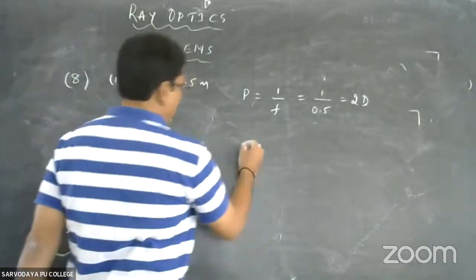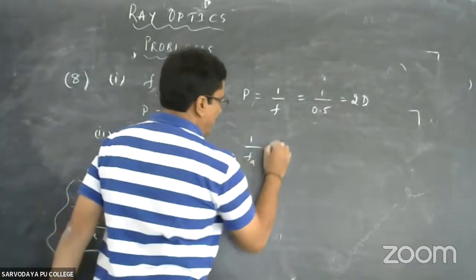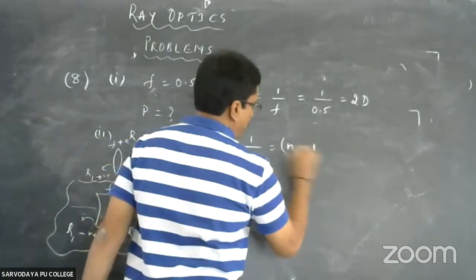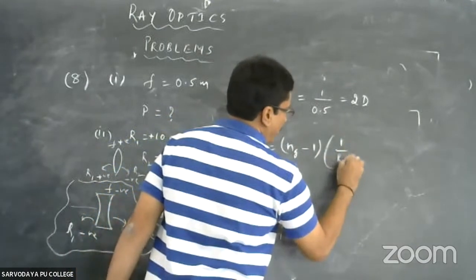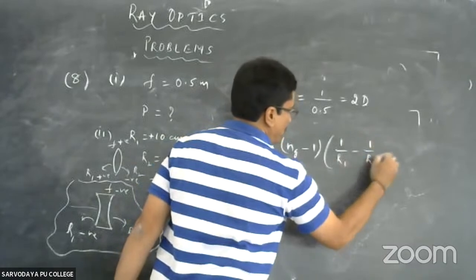Now 1/fa is equal to (ng minus 1) into (1/R1 minus 1/R2), the general formula.